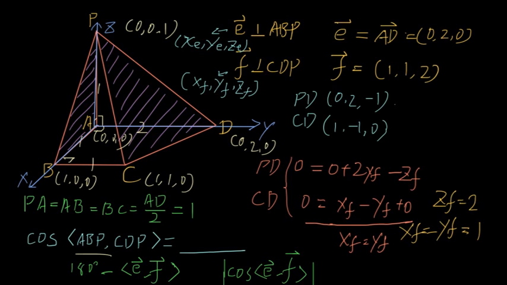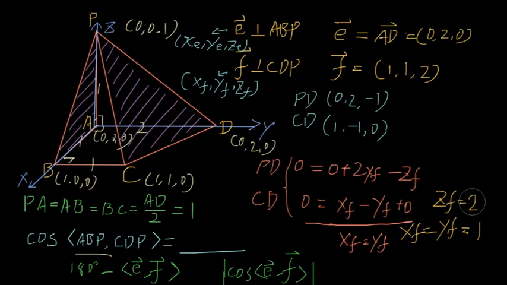That might seem unreasonable since I just randomly gave zf a value. But I'll tell you that is perfectly fine, since if you give it a value of 4, it will just be 2, 2, 4. It's still pointing in the same direction, but it has a greater length. Length doesn't matter when we are trying to figure out the angle between vector E and vector F. So just randomly give zf a value.